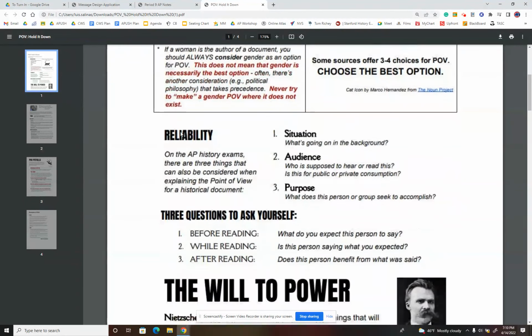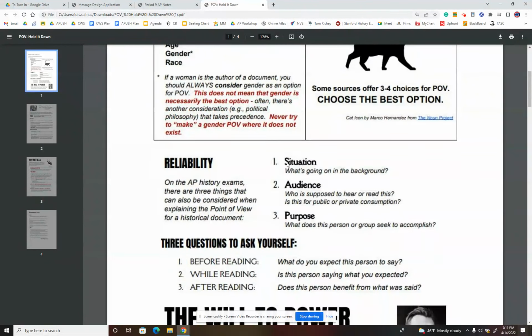One of my favorite things to teach is the reliability factor. Here, I just use the point of view as a way to explain that, but there are other things to consider, and this is part of the HIPP. So understanding the situation, what's going on in the background. In other words, the context of whatever that topic might be. It could be the Cold War, it could be World War II, any of those.